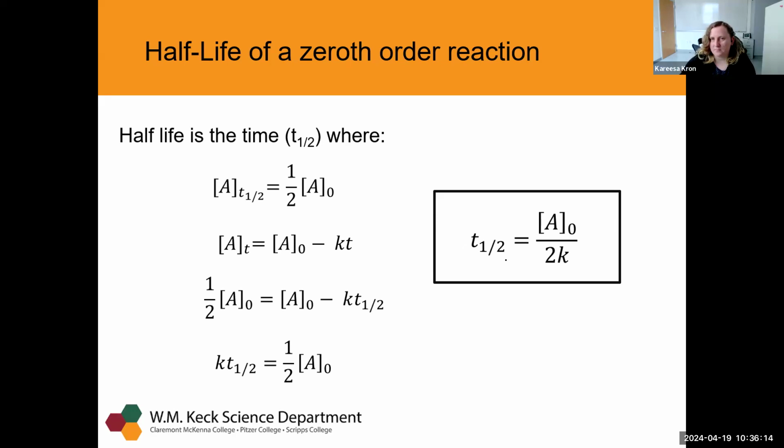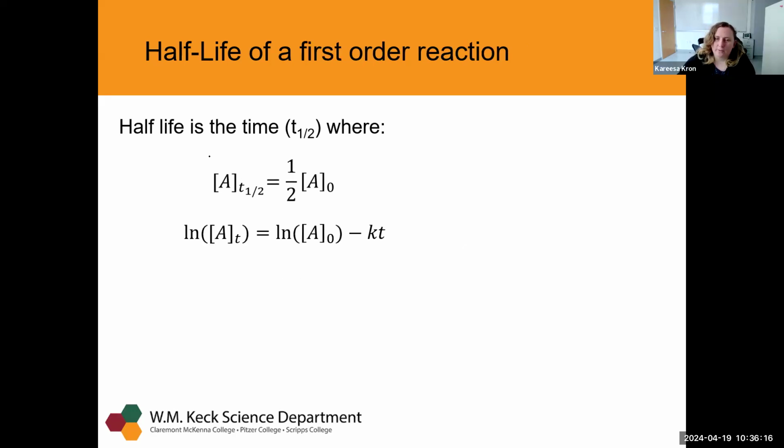So this is an expression that helps us describe how long it takes for half of the initial concentration to go away. For a first order reaction, our integrated rate law is natural log of the concentration at some time is equal to natural log of the initial concentration minus the rate constant times time. So once again, I plug in t equals 1/2, and I plug in this final concentration of 1/2 of the initial concentration, and I get an expression that looks like this.